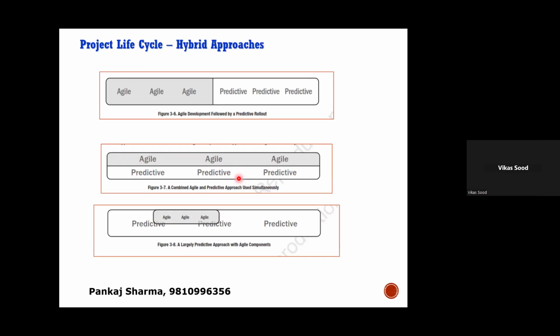Now, a big airport has a lot of infrastructural components, like runways, multi-level parking, the shopping area, the lounges. The whole airport has to be constructed.